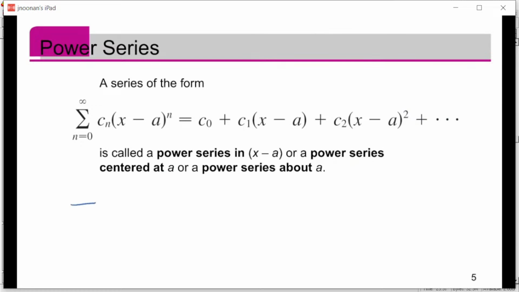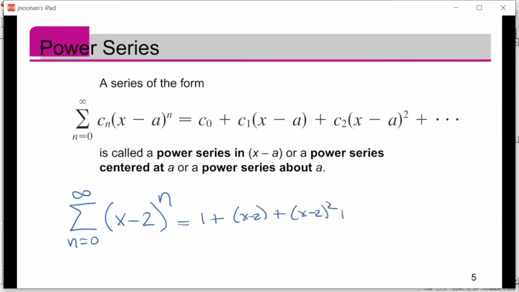Okay, let me show you another example of a power series. And here again, this power series is geometric. They're not all geometric, I should say, but this one happens to be.